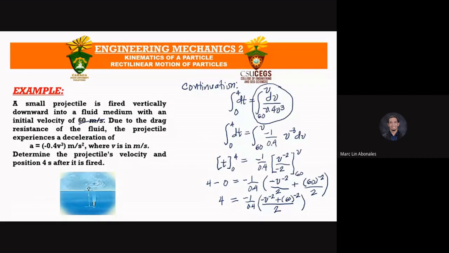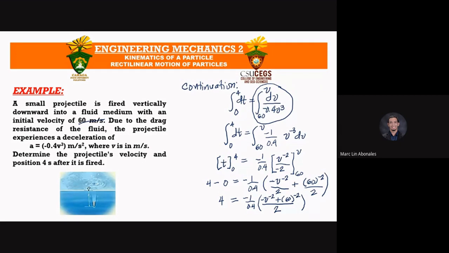Okay, so we just simplify this one for us to solve the value of v. v is the remaining variable in this equation once we integrate and once we substitute the value of the final time, which is the 4 seconds. So for us to determine the velocity 4 seconds after it is fired, we just simplify this equation. What we do is we rearrange, we cross multiply.